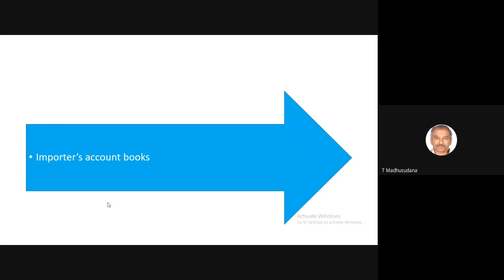Therefore, if you see the books of accounts of the importer, the value will automatically be known to everybody. The assessable value can be estimated by looking into the account books of the importers.